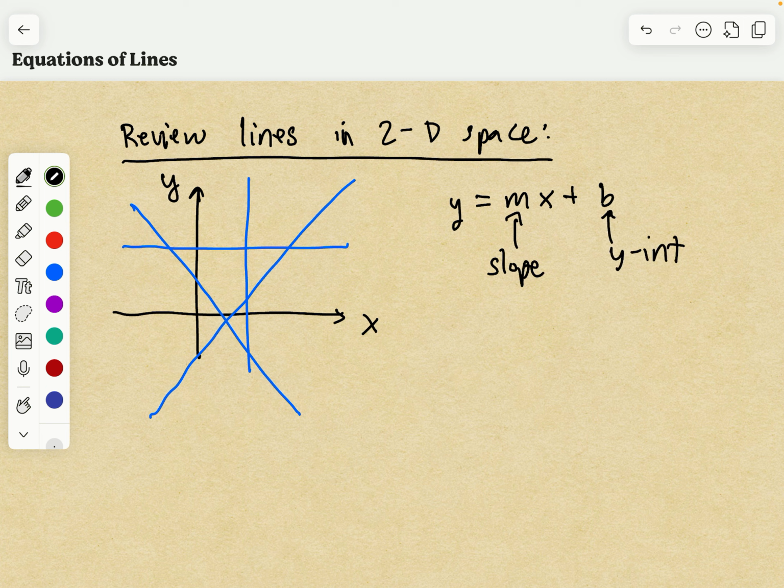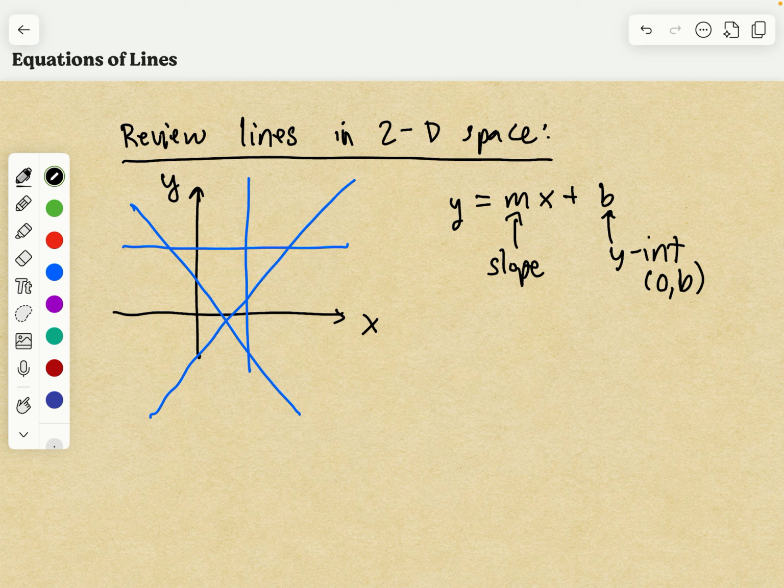Well, technically, the y-intercept should be the point on the graph of the line. So it's the point 0, comma b, right? One thing that's missing with this equation is the vertical lines, because the vertical lines don't have this form y equals mx plus b.